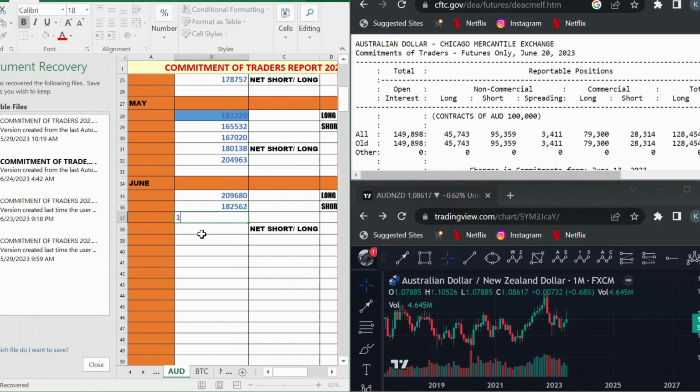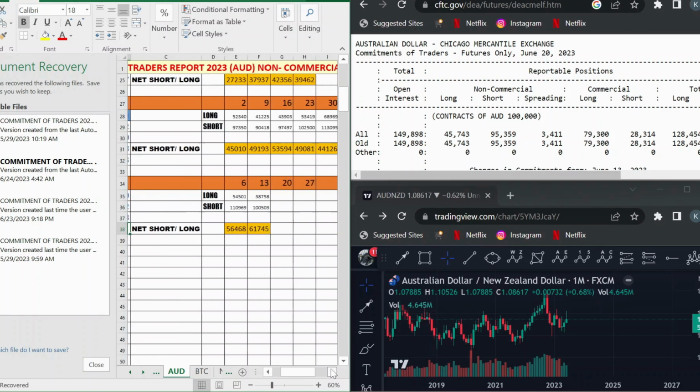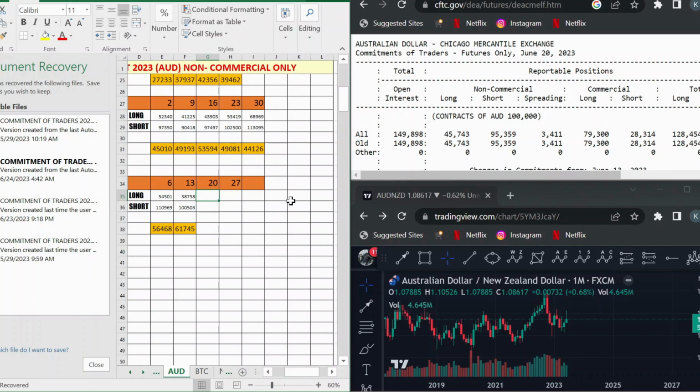So it's relatively low, just like the New Zealand dollar. The longs were 45,743. The shorts were 95,359. So the net short difference is 49,000. Last week was 61,000. So the market is still extremely bearish on the AUD.